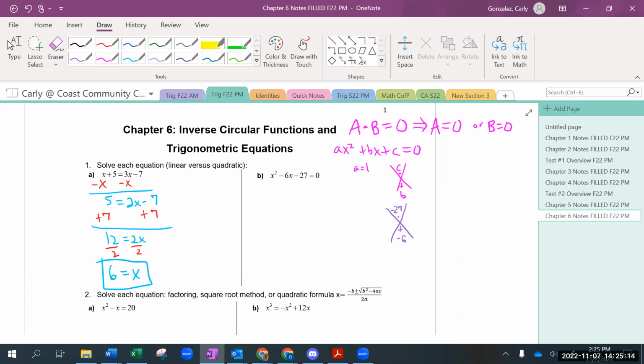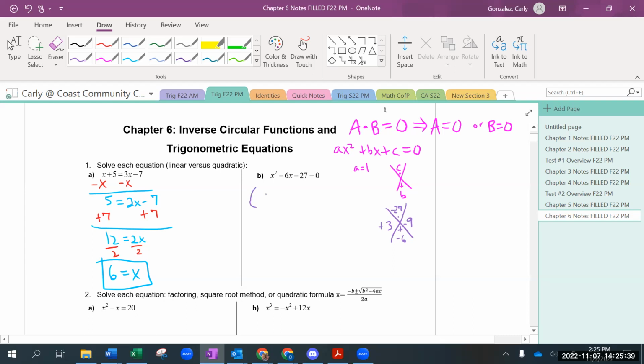So then we try some other factors like 3 and 9. And if one of them is negative, they will multiply to negative 27. So we need one positive, one negative. But because they add to negative 6, we need more negatives. So positive 3 and negative 9 multiply to negative 27 and add to negative 6.